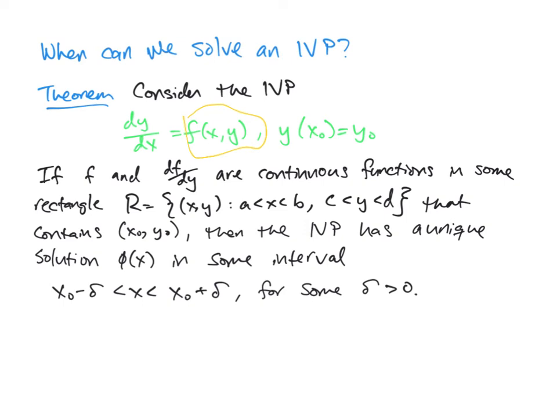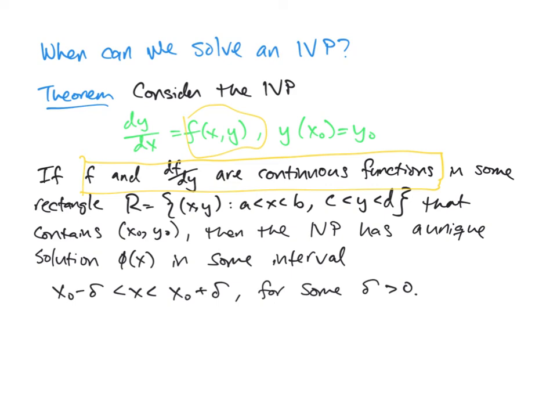Okay, so this gives us a thing to check to know if we might have a solution. And that big thing to check is that f and its derivative are continuous functions. So that's the key thing that you have to satisfy.